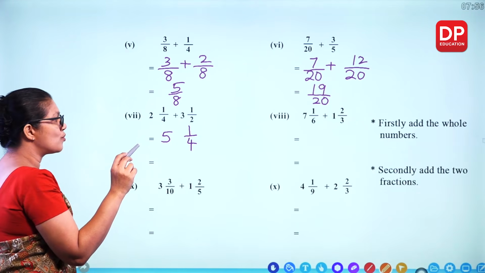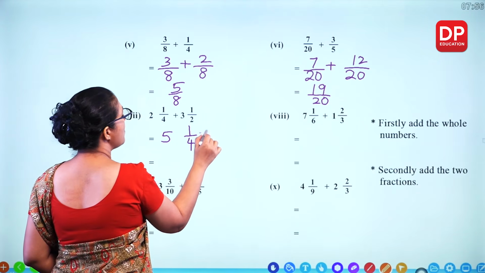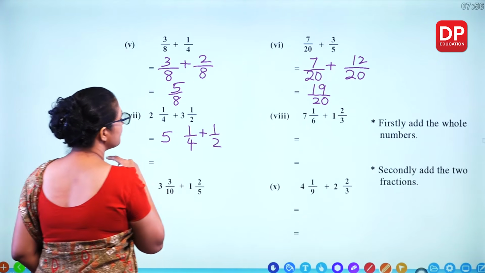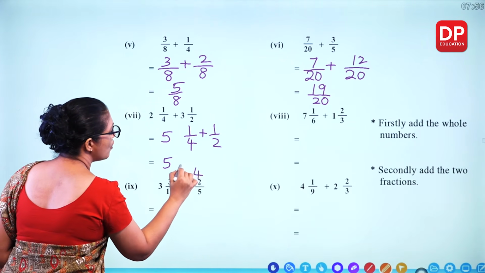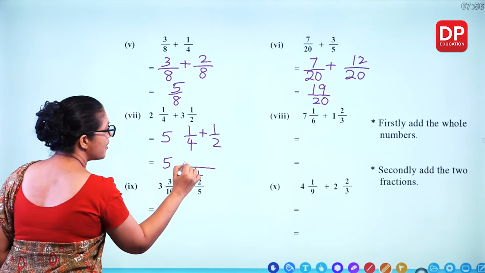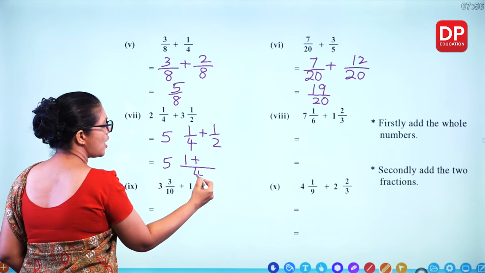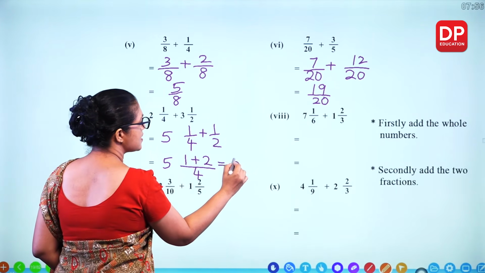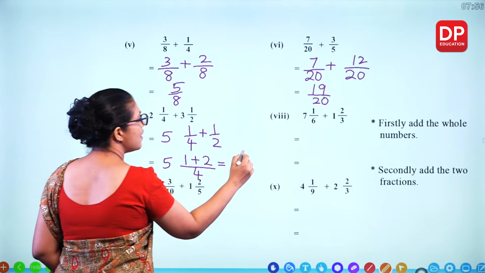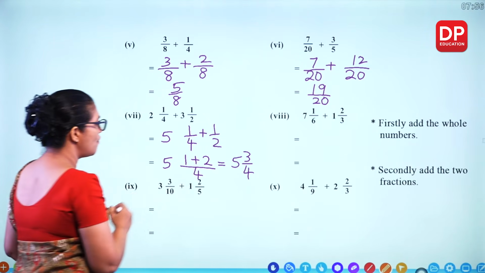So 4 and 2. What's the common denominator? 4. So convert to 4. I can write 1 here plus 2 times 2, 4. So 2 times 1, 2. So what's the final answer? 5 and 3 over 4.